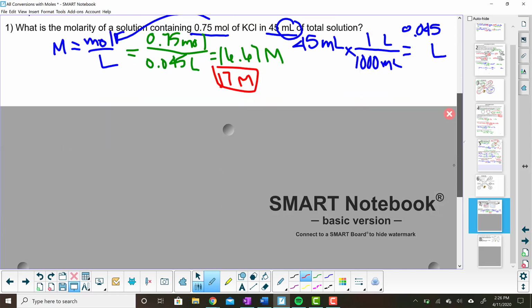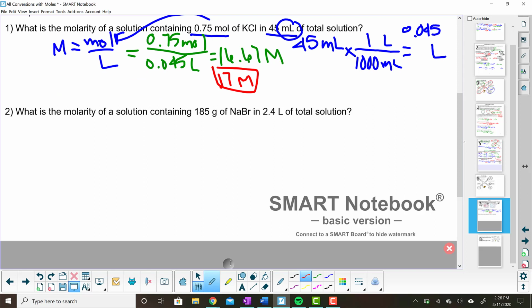Let's do another one. In this example, I have grams and liters. It says, what is the molarity of a solution containing 185 grams of NaBr, which is called sodium bromide, in 2.4 liters of total solution?